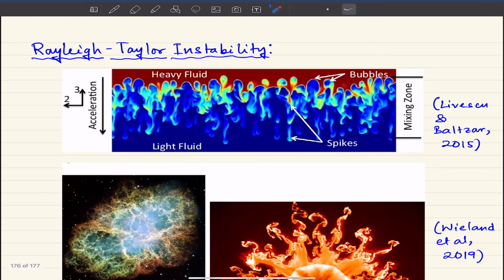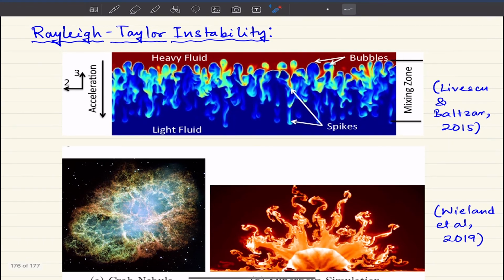So here in this slide I will try to show you different observational instances of Rayleigh-Taylor instability. One is taken from a paper by Livescu and Baltzer in 2015.